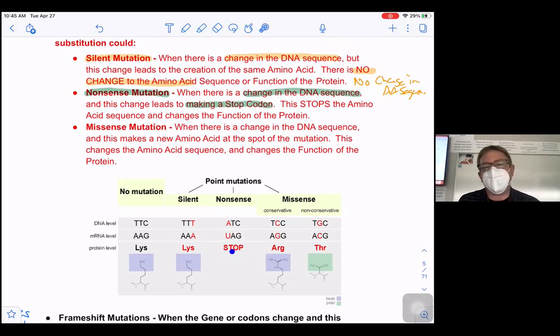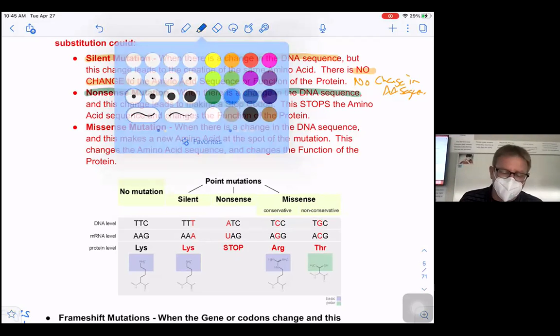So again, everything behind it would change. The nonsense mutation can have a fairly major impact because it changes everything behind it. A silent mutation doesn't really change anything. A nonsense mutation changes a lot because it changes to a stop codon.